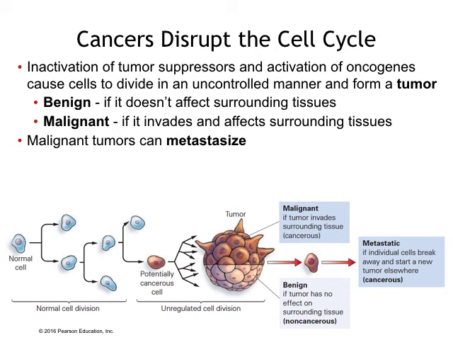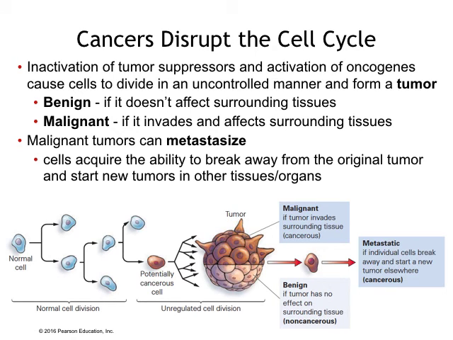So this happens when cells acquire the ability to break away from the original tumor. So normally cells don't just randomly break away from tissue, right? Your skin cells don't just randomly break away from your skin. They stay together. That's how your skin stays together and it doesn't just fall apart.